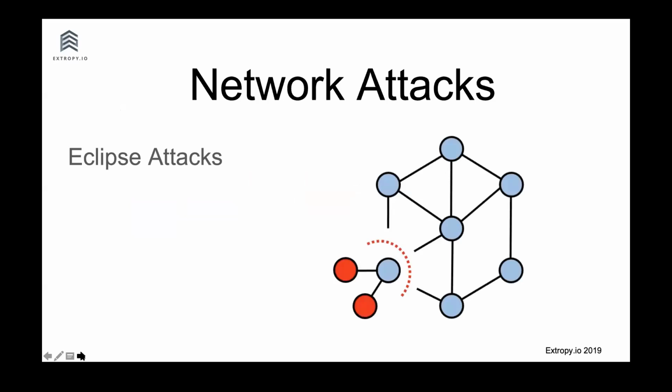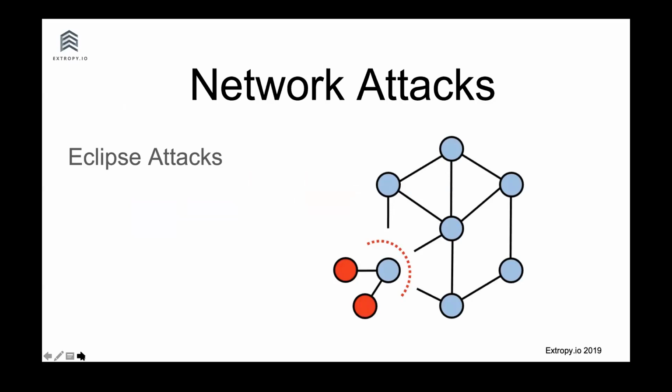Network attacks: you can get the idea of eclipse attacks, where people try, by some means, it may be by introducing malicious software to a node, to take one node away from the network so that node is no longer receiving transactions from the real honest blockchain, but is perhaps receiving transactions or malicious blocks from malicious nodes that are still attached to it, but are trying to convince this particular node, which may be a point of sale node.